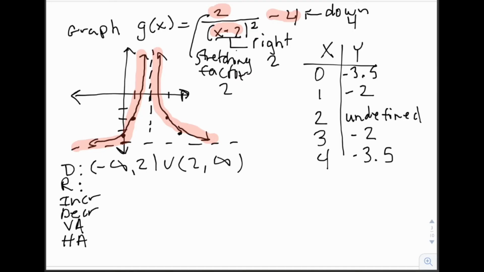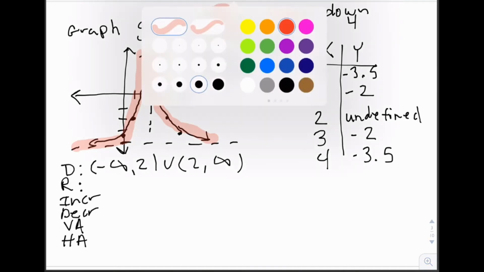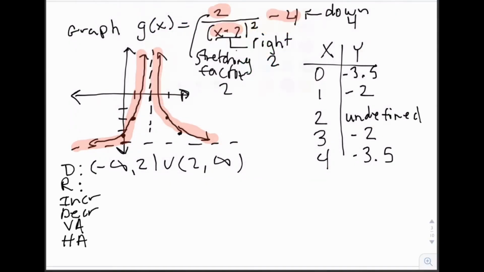And then for our range, we start at our -4 and continue up to infinity. So our range is -4 all the way to positive infinity.